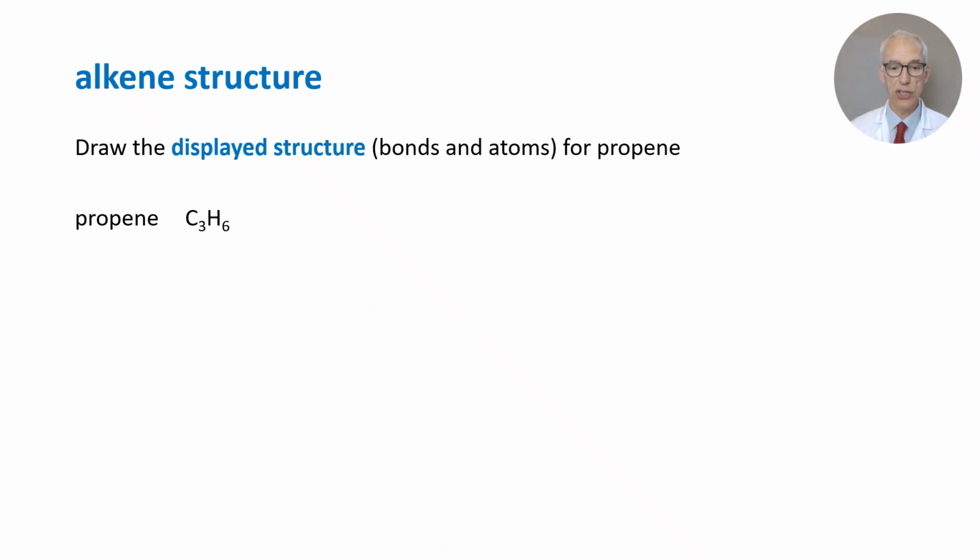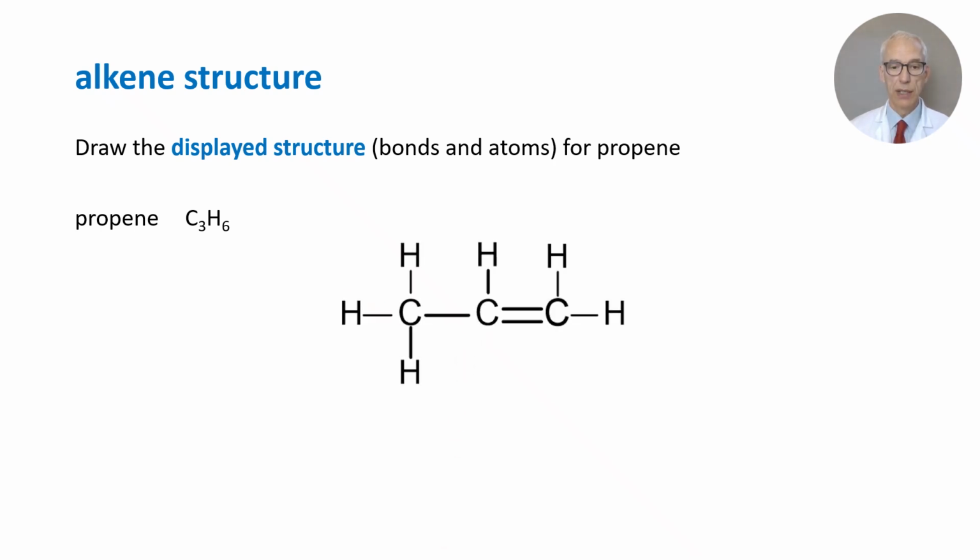What does that look like as a drawing? Well, the key point is that we've got one double bond. Very often students draw 2 double bonds. It's an alkene, it's got double bonds. No, it hasn't. It's got one double bond. So you need to take that away if you have drawn it. An alkene has 1 carbon double bond carbon.